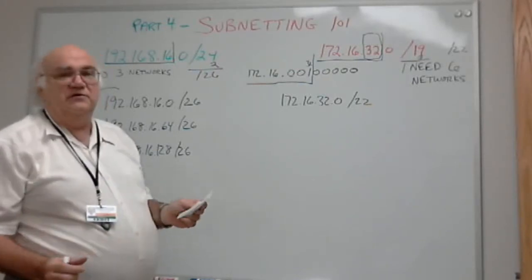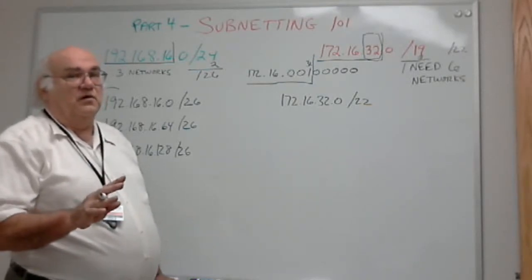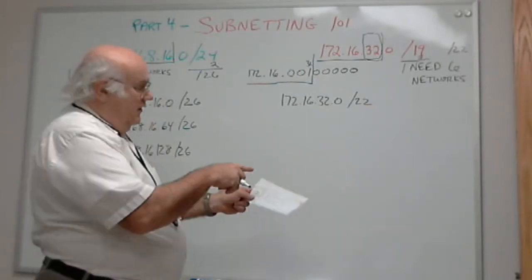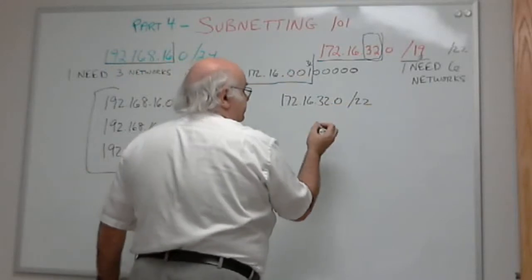and the bit positional value is 4. That means my network sizes are going to be 4. So I'm going to add 4 to the 3rd byte because that's where I am.